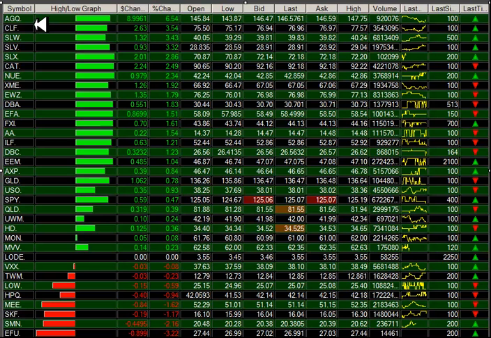And in fact, if the last trade was at the low of the day, the color would look like EFU, only it would be way over to the left, and it shows as a very dark blue. Conversely, if AGQ was at the high of the day, then this would turn a light blue. And so you can see by inspection on this dynamic bar where price is trading with respect to the high and low.